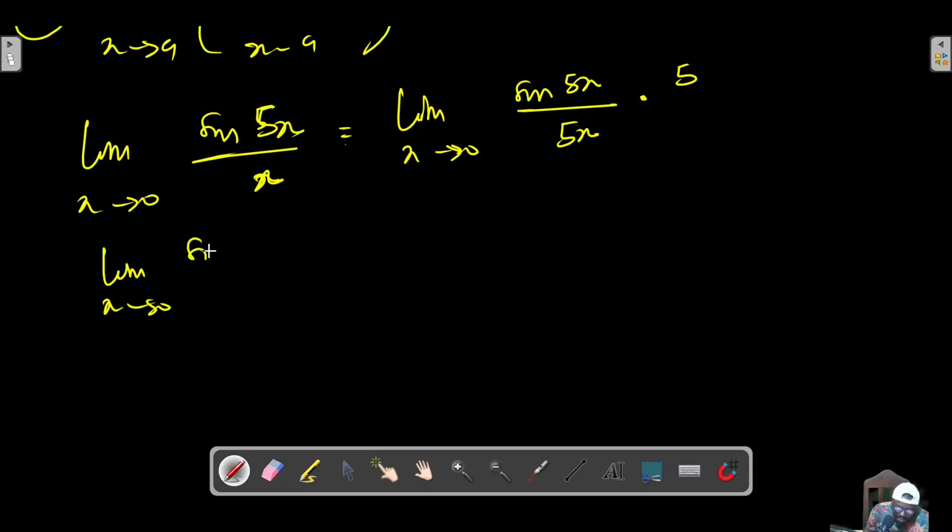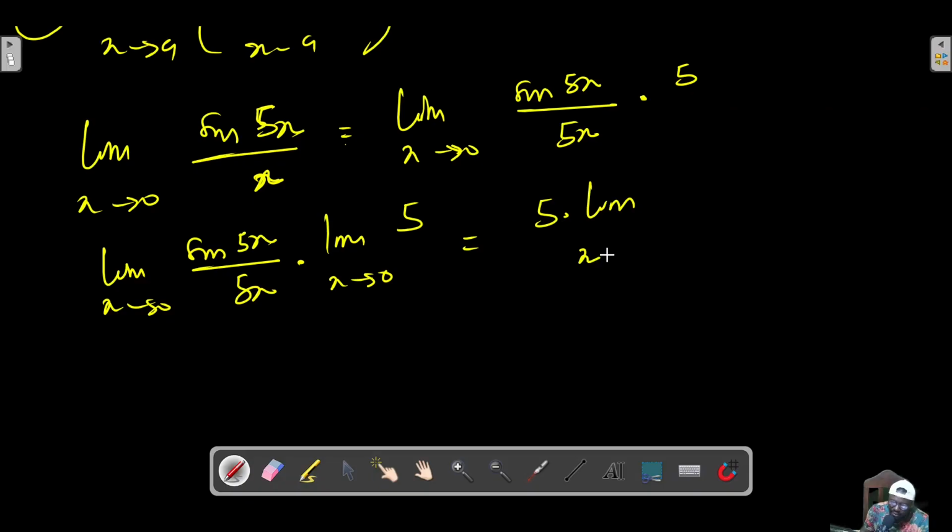There's no need to even do this, because 5 is a constant and it can move out of the limit sign. So what do we get? 5 multiplying the limit of sine 5x over 5x as x approaches 0. What do you think it will be?